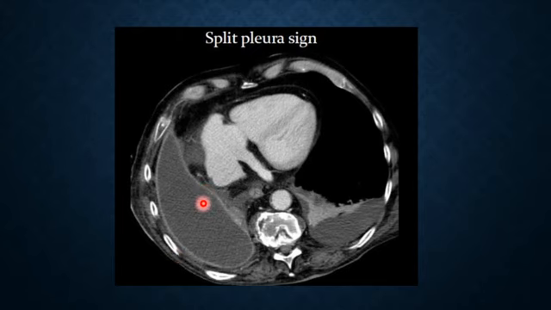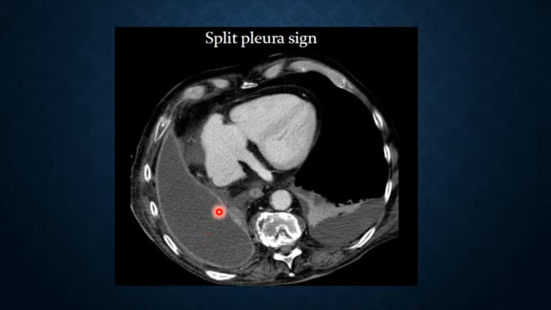There are two layers of pleura, visceral and parietal, and between them is fluid. The pleura is thick and enhancing. We don't normally see the pleura like that, thick and enhancing, and containing some fluid. So this indicates what?